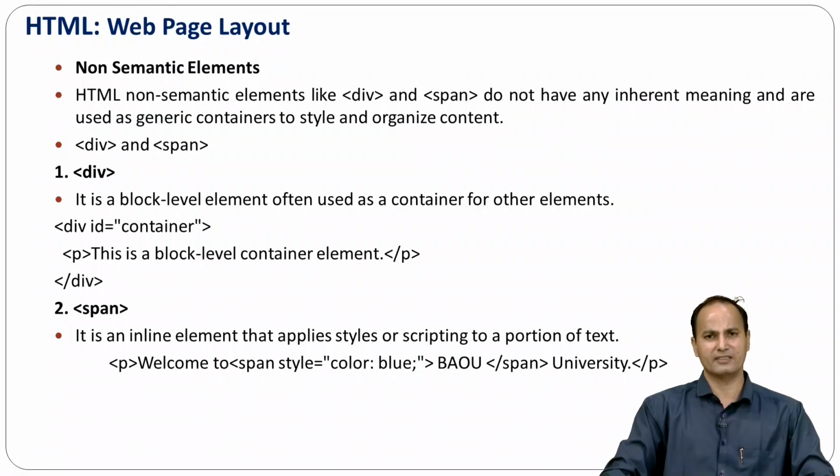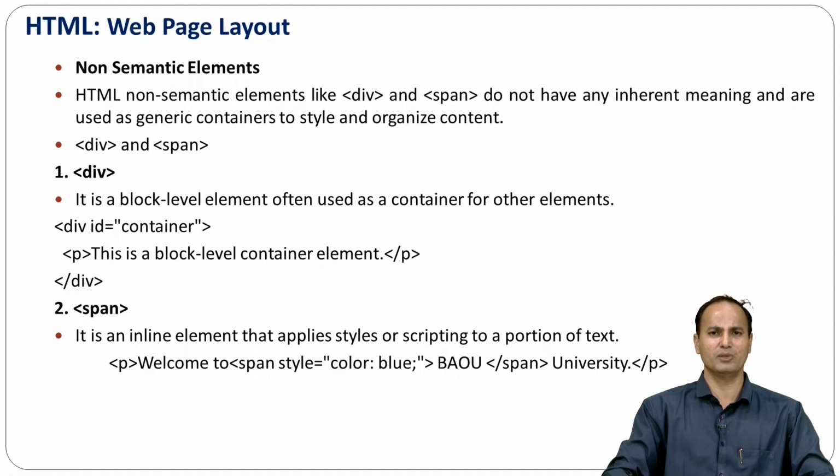In the same way there is the span tag. It is an inline element that applies styles or scripting to a portion of text. That means it will be used within, or internal to, another tag. Let's look at the next statement. We have used a paragraph, writing welcome to, and then we have used a span tag to highlight the next content, providing a styling attribute with the color blue to BAOU. Then we close the span tag, and the next content is university.